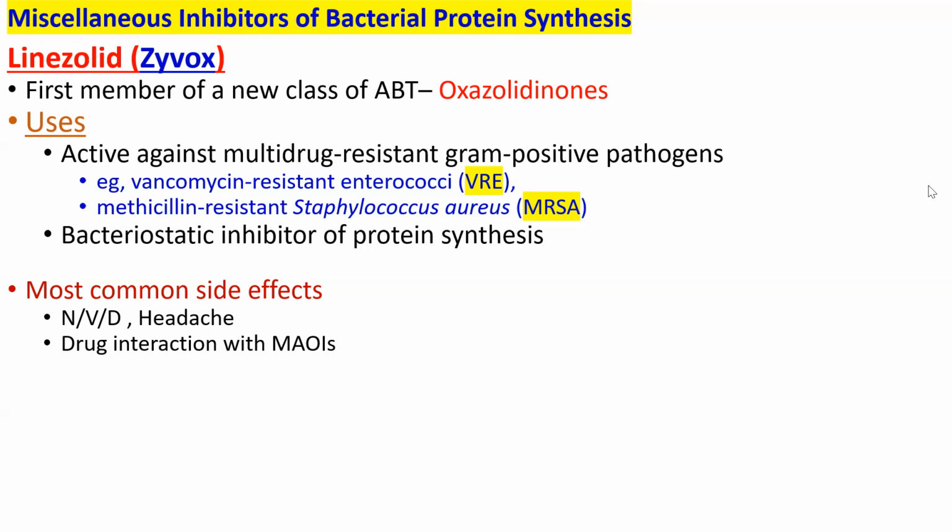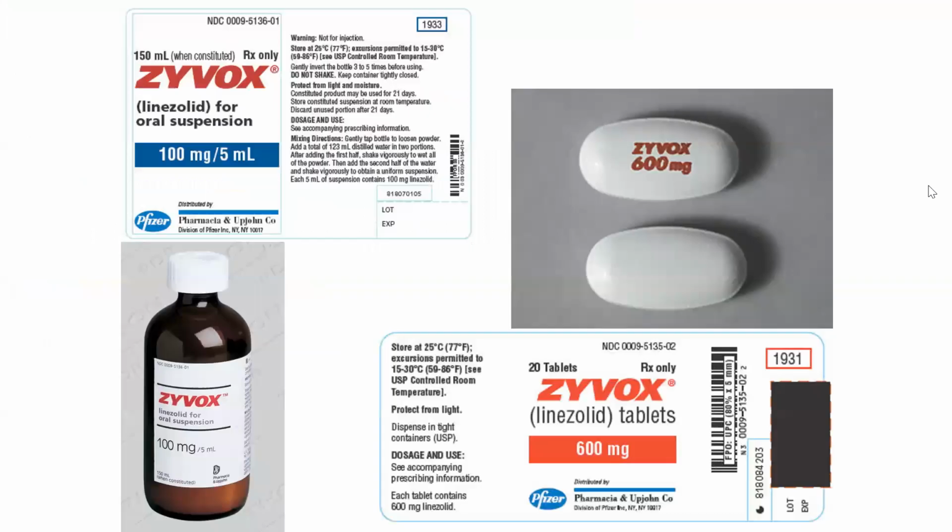The most common side effects for linezolid are nausea, vomiting, diarrhea, and headache. The drug may also cause myelosuppression, and it may interact with monoamine oxidase inhibitors.